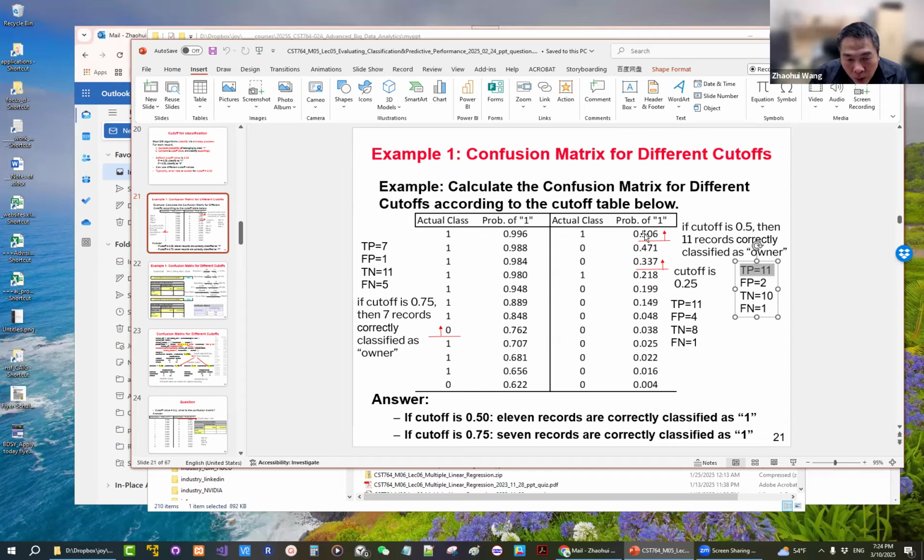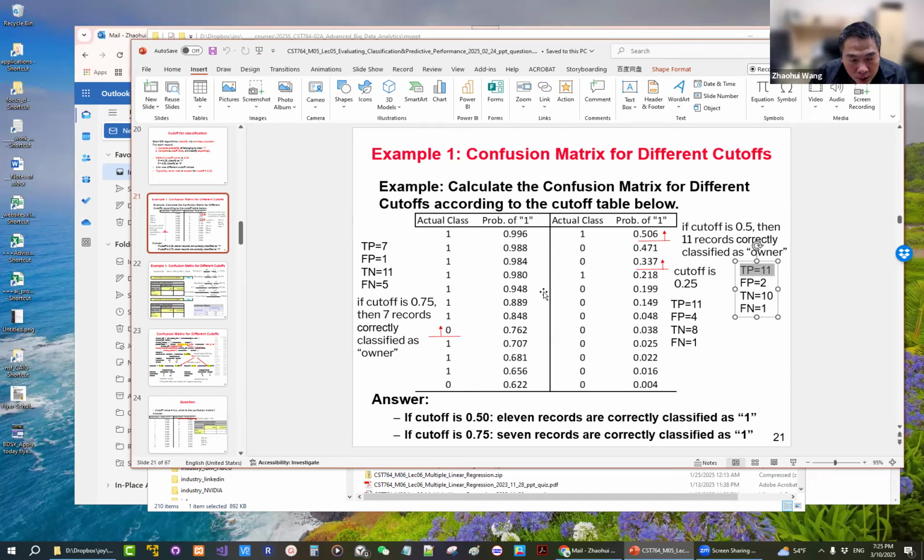Okay, after the line of 0.5 here, for this case, the actual class is 0, the predicted also 0. Yeah, this is saying the actual is 0, predicted is 0. But this one, the actual is 1, but predicted is 0. Because all the cases below this line will be predicted to be 0.